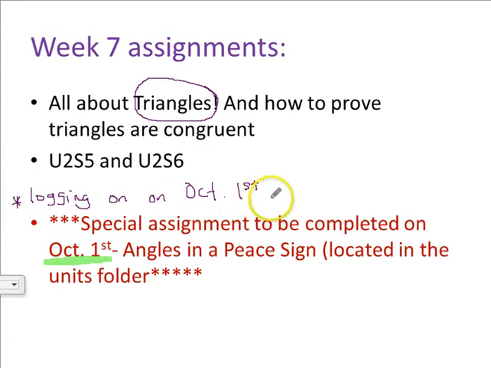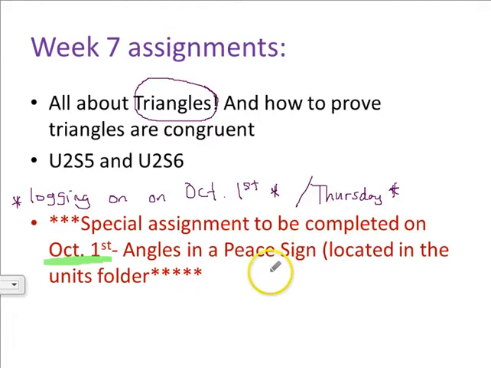The earlier you can log on October 1st, which happens to be Thursday this week, the better. If you do not log on early in the day, you're probably going to get some phone calls from the office just reminding you to do that, because it is an important date for us to get our funding and so that we can continue to offer this program that we are offering now.